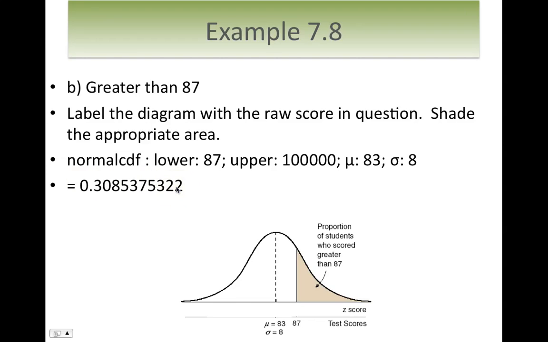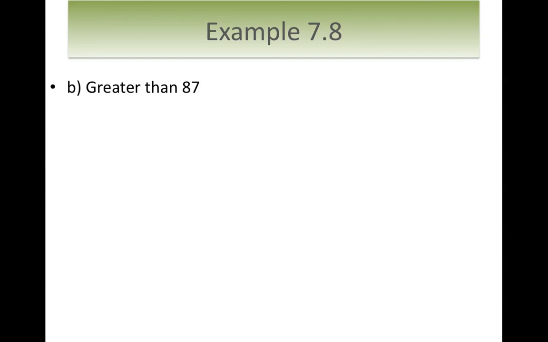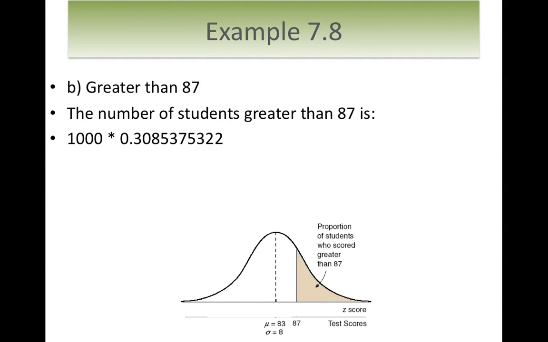To find the number of students, we're going to simply take this proportion and multiply by the total number of students. So we're going to take 1000 and multiply by the proportion that we got on our calculator. And after we get a number, we're going to round to the nearest whole number for the number of students. 308.5, which makes us round up to 309 students.